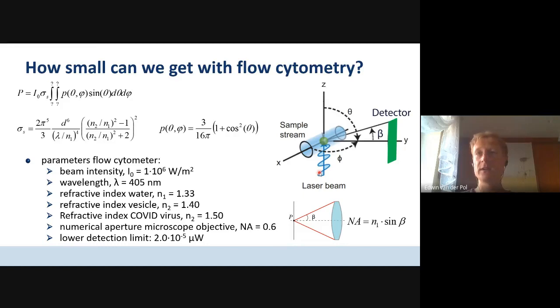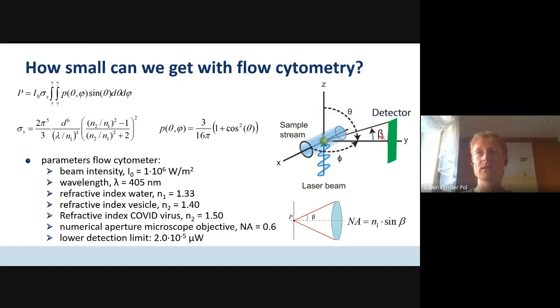Now, the configuration of the flow cytometer is shown as here. So just similarly to the spherical coordinate system, which we just discussed, the illumination comes from the bottom here in the positive z direction. The particle flows in a flow channel, and once it's in the center here, it's illuminated by this laser beam. It scatters light to the detector, which is here depicted in green.